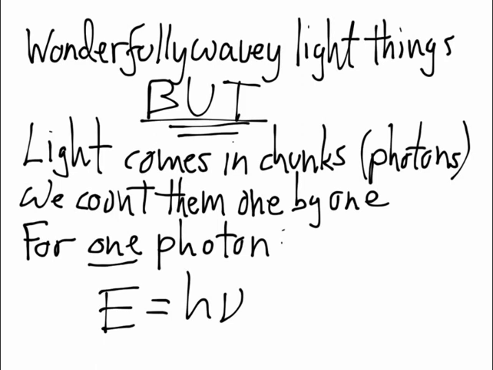So this relation, E equals h nu, is one of the really fundamental relations of quantum mechanics, and you can file that away. E equals h nu is the energy of one photon at frequency nu. And the other big equation that we learned in this segment is the de Broglie relation that tells us that the wavelength of an object is equal to Planck's constant again divided by the magnitude of the momentum of that object.